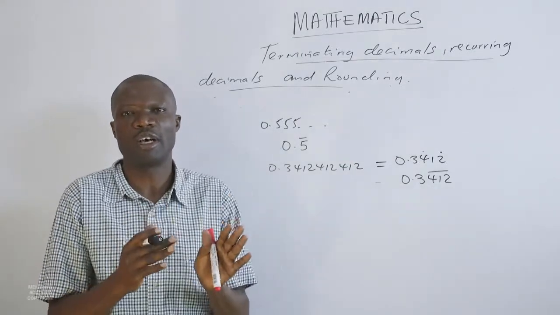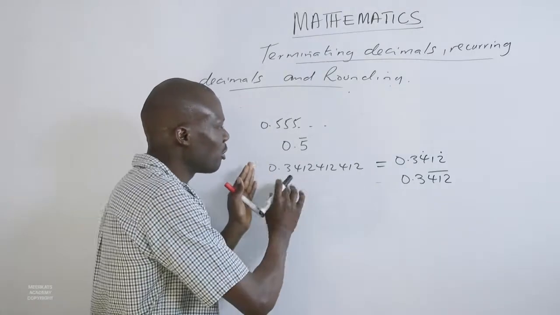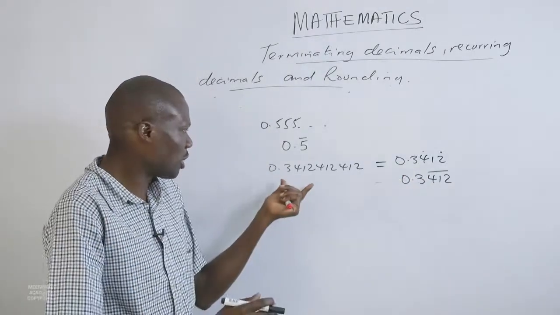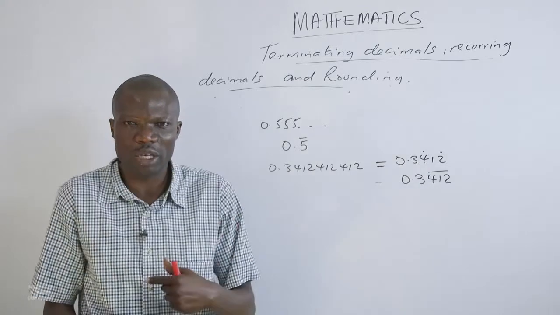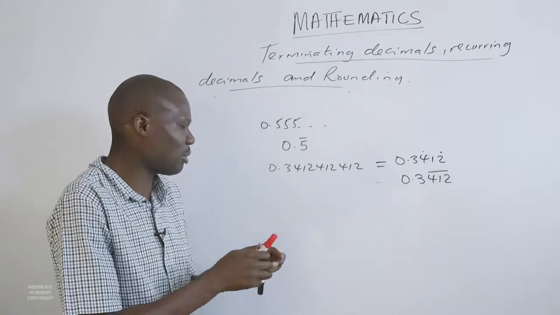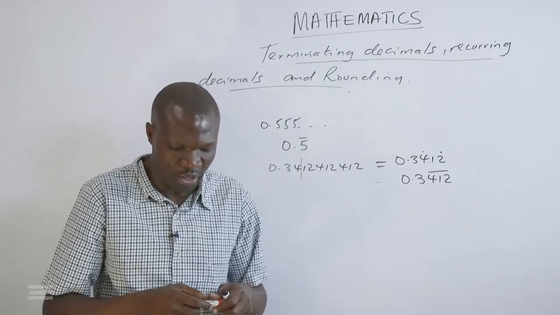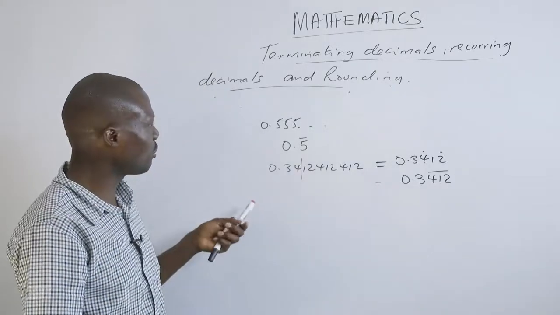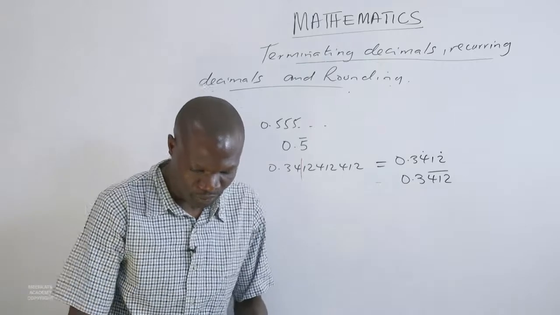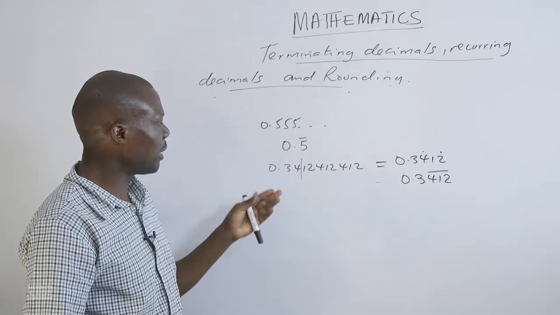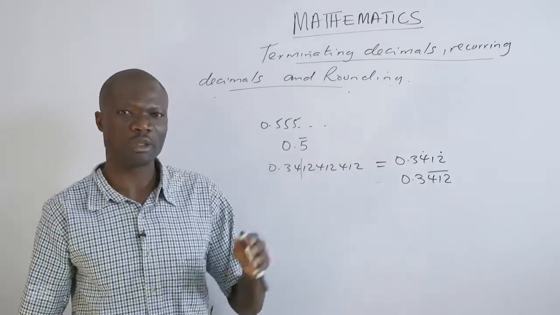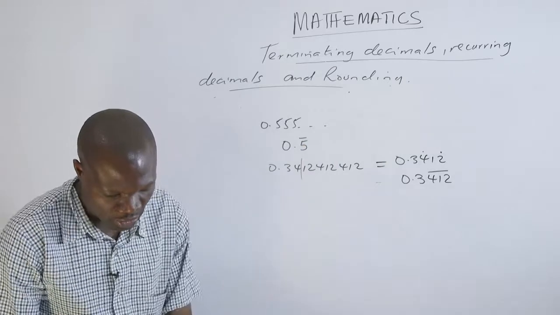Then instead of writing all this, can you round this to 2 decimal places? So you'll be concerned about only 2 decimal places. So rounding decimals involves approximating a decimal number to fewer decimal places.